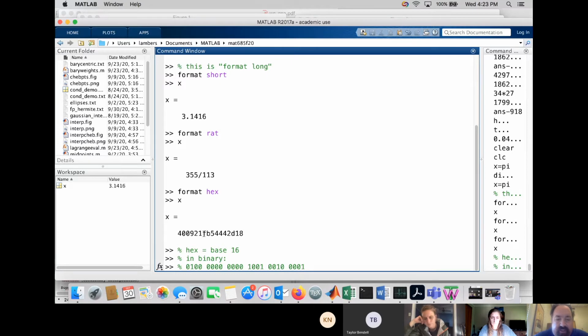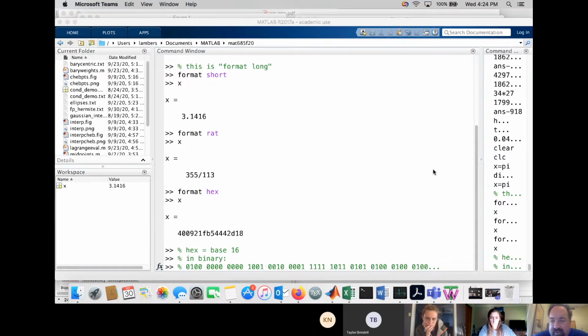F is 15. Well, that's 8 plus 4 plus 2 plus 1. And then B is 11. So 8 plus 2 plus 1. And then so on. Okay, 5 would be 0, 1, 0, 1. 4 is, okay, we have a few 4s in a row. All right, and so on. I'm not going to do the rest of them.